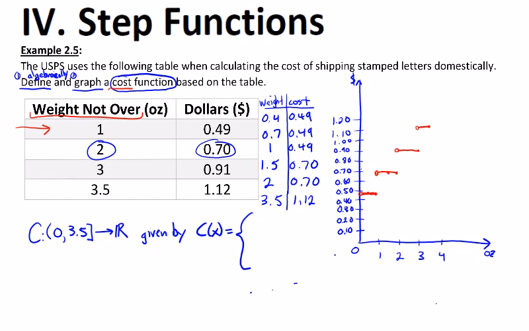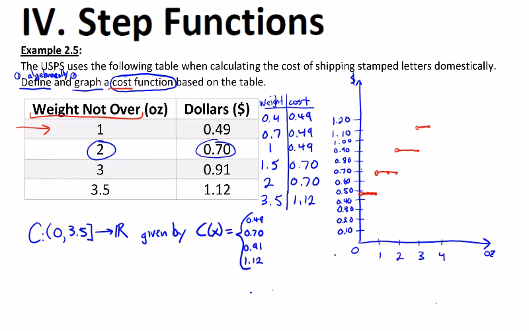And this piecewise function is going to have 4 pieces. One of the pieces goes with the 49-cent value. One piece goes with 70 cents. One piece goes with 91 cents, and another piece goes with $1.12. Now, we need to make sure that we specify which weights specifically go with those.